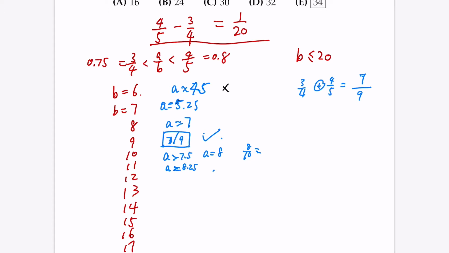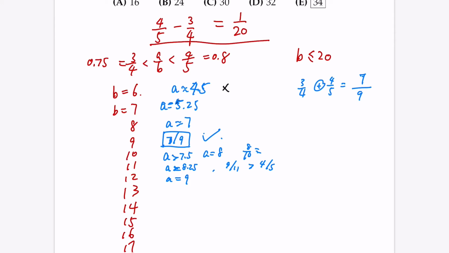Let's try to choose 9 over 11. 9 over 11 is not good, because it is slightly bigger than 4/5. So that doesn't count. How about 12? Then A is equal to 9, but 9 and 12 are not coprime, so that's not an answer.